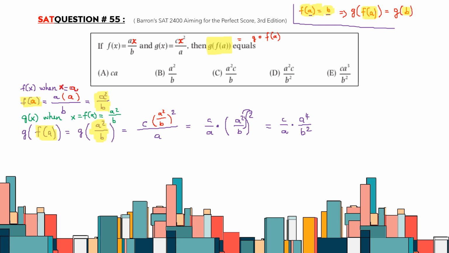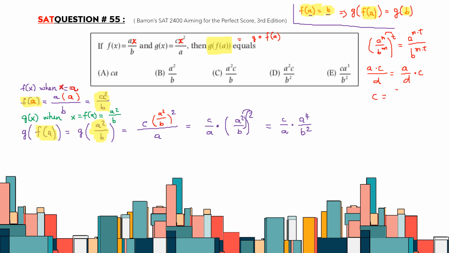Let's review some facts right here. If you have a over b to the power of m, to the power of t, it distributes: we have a to the power of n times t over b to the power of m times t. And if we have a times c over d, you can separate it as a over d times c.